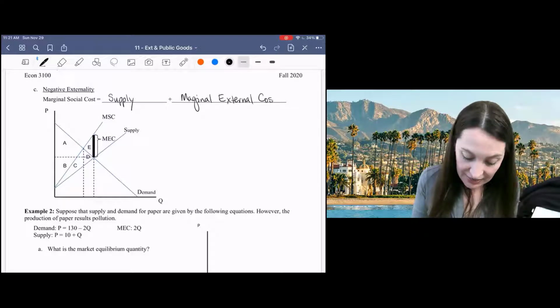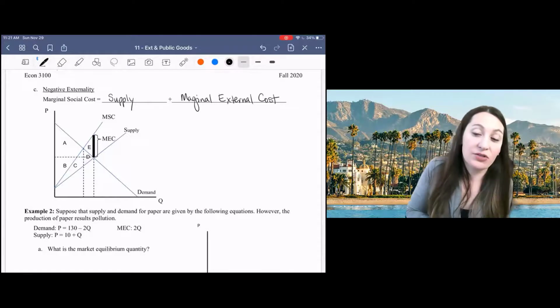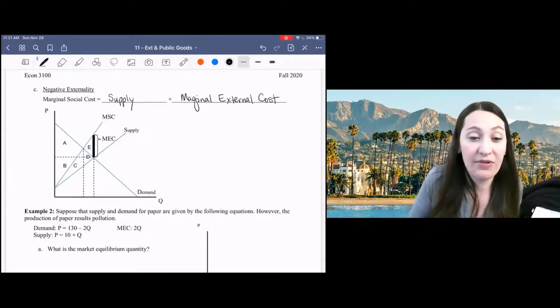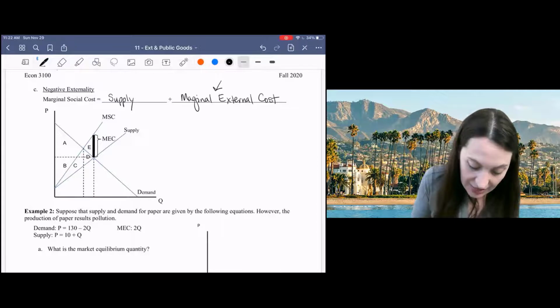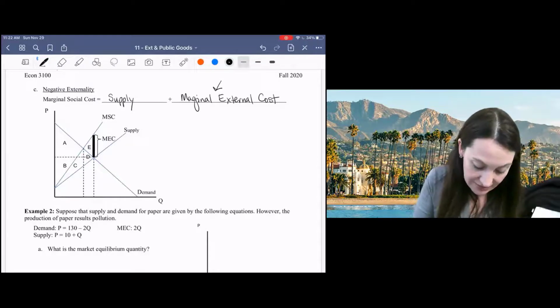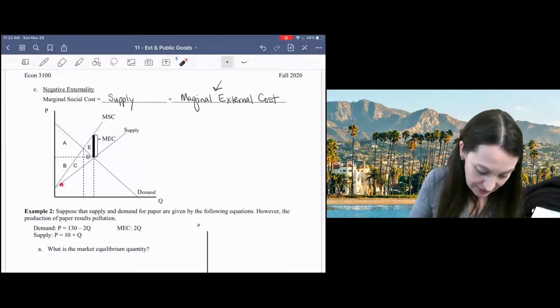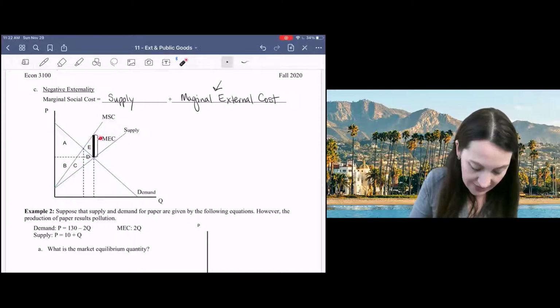And you'll notice that on this graph, the marginal external cost is not constant. In fact, it's increasing as we produce more, right? The difference between these lines here is small. The more we get, the larger the external cost.